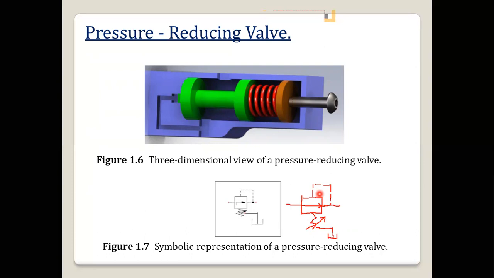The pressure relief application is directly in the fixed displacement pump. The reducing valve application and unloading valve application we will study later, after completing the flow control valve class. Okay, thank you very much.